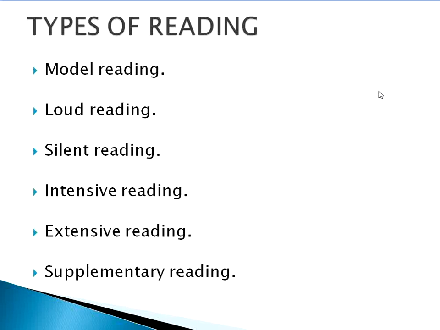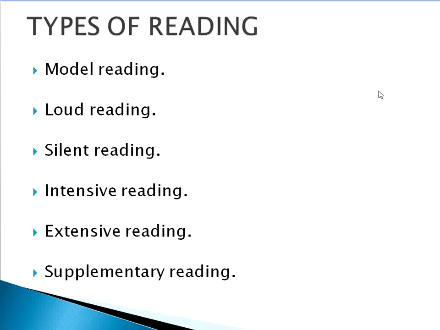What is the last one? Supplementary reading. Supplementary reading is a sort of extensive reading, but the difference is that here you can introduce this supplementary reading in the classroom. For example, different novels and different books are prescribed for class 9 and class 10 students as a supplementary reader, but the purpose of that particular supplementary reading is what?